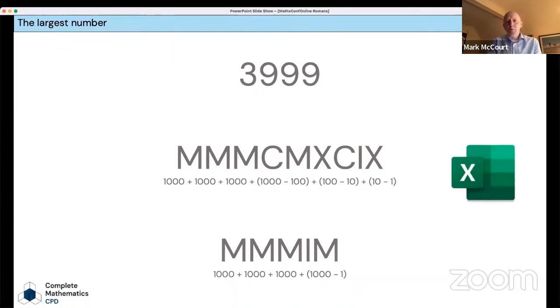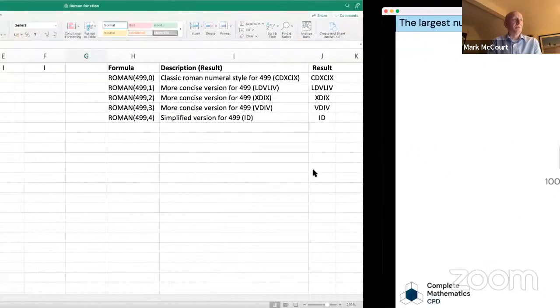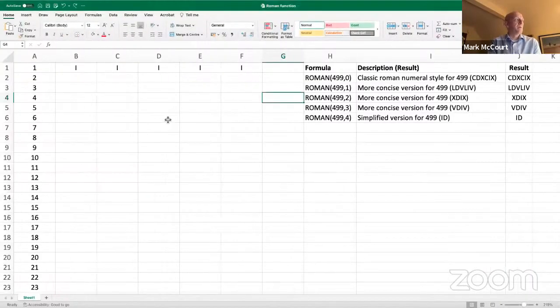And one place you can see this in modern day usage is if you were to use the Roman function in Excel. So if we jump over to Excel, here I have some numbers, and what I'm going to do is convert them into Roman numbers using the Roman function. The Roman function is we write the word Roman, then whatever the number is, and then the format. There are 5 formats in Excel.